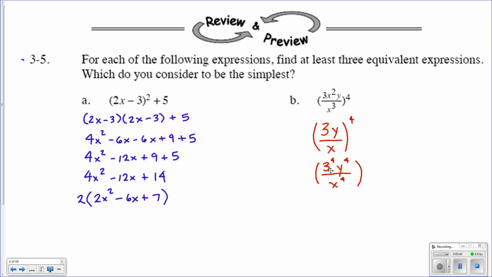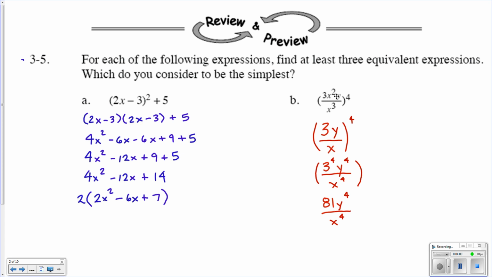Well, 3 times 3 is 9, times 3 is 27, times 3 is 81. So this 3 to the fourth is the same thing as saying 81. So we have 81 y to the fourth power over x to the fourth power. There's 3 right there.